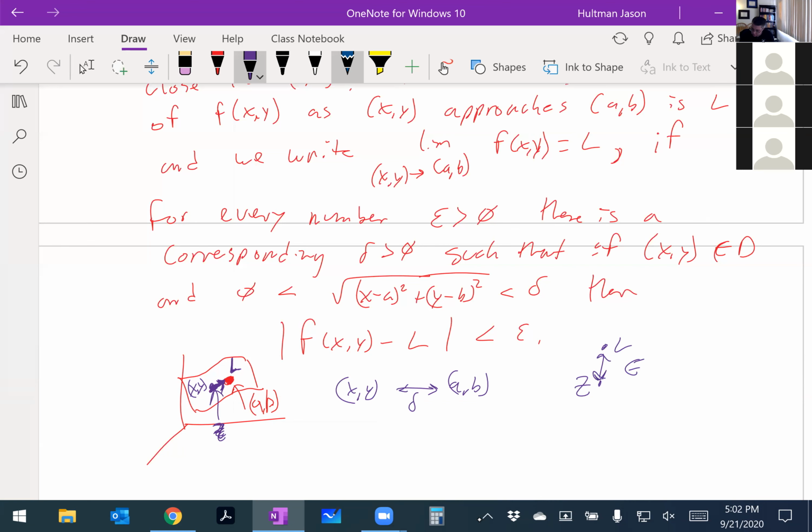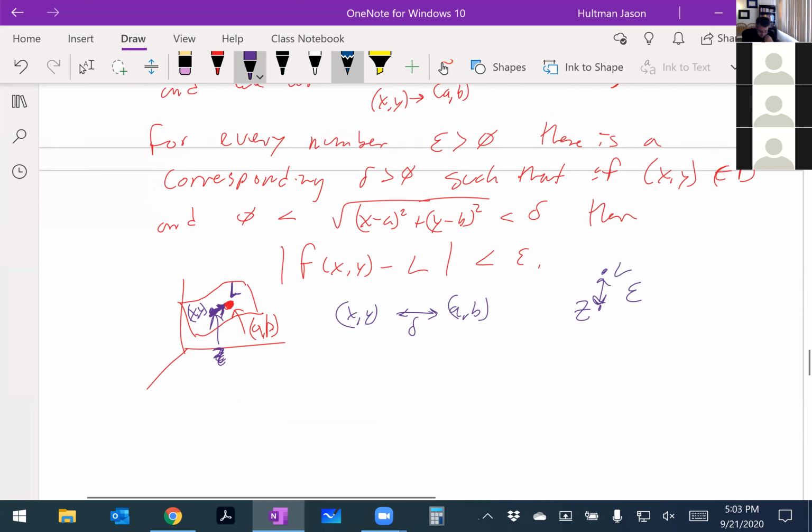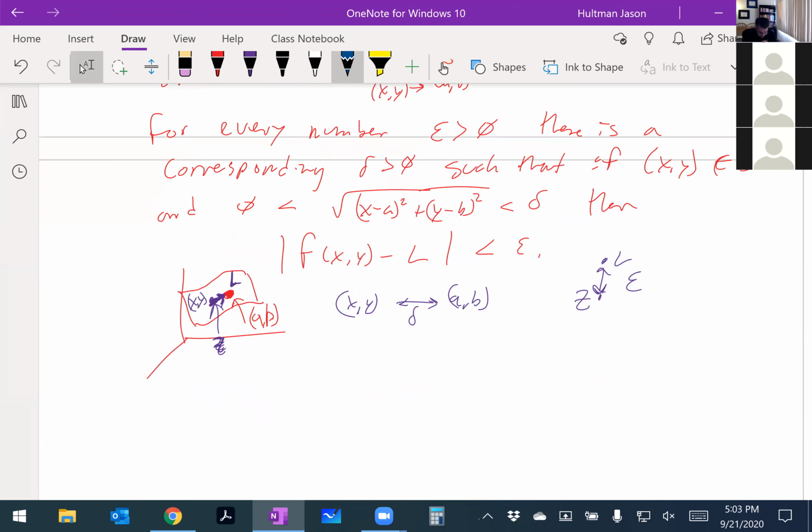That's all it means. That's epsilon, not E. Just saying, look, as I get close, as delta gets smaller, epsilon gets smaller. And I can always fix an epsilon that's getting closer and closer. And so we just say it's the limit. It's always going to get closer and closer. Right? Okay.